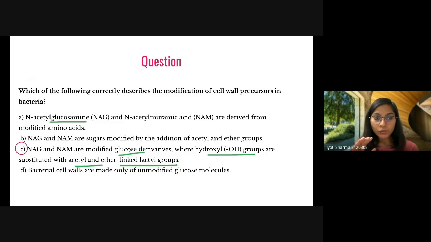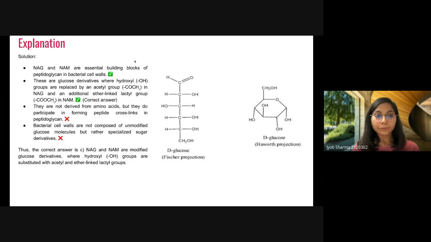So, let me show you first the NAG and NAM. This is the glucose, right? This is the structure of glucose, where we have 1, 2, 3, 4, 5, 6.